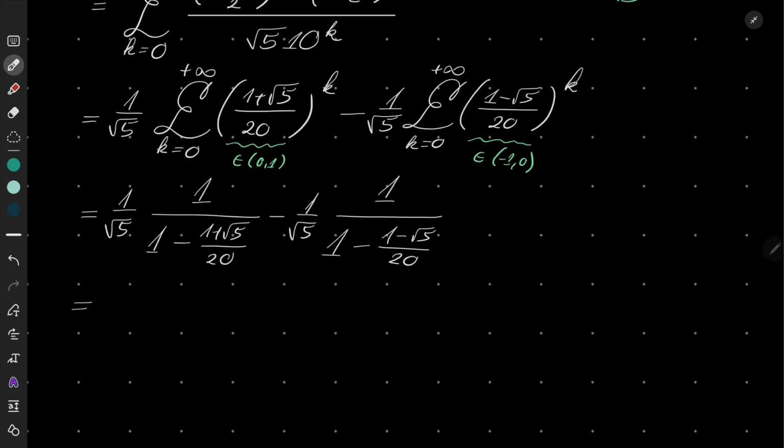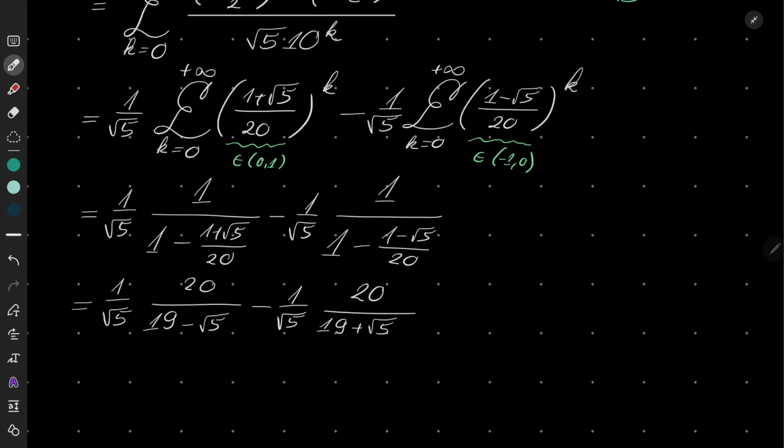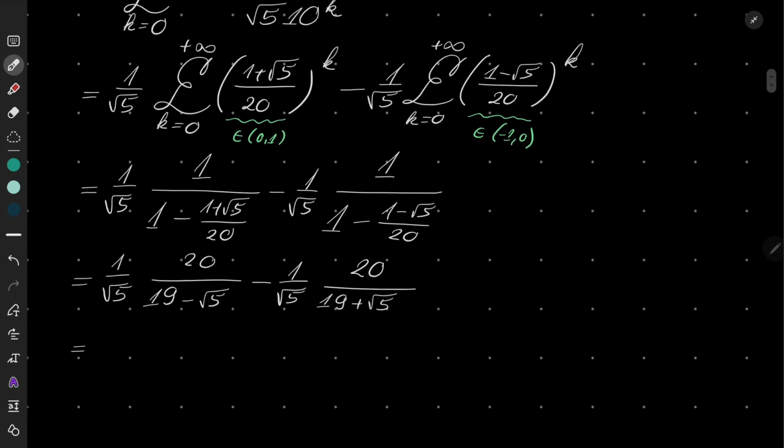So we are dealing with rational and irrational numbers. So we have 1 over square root of 5 times 20 over (19 minus square root of 5), minus 1 over square root of 5 times 20 over (19 plus square root of 5). Okay. What now? Now we can take this first fraction and multiply by the conjugate of our number.